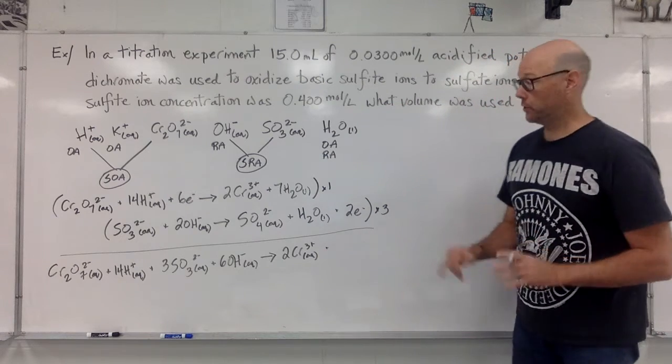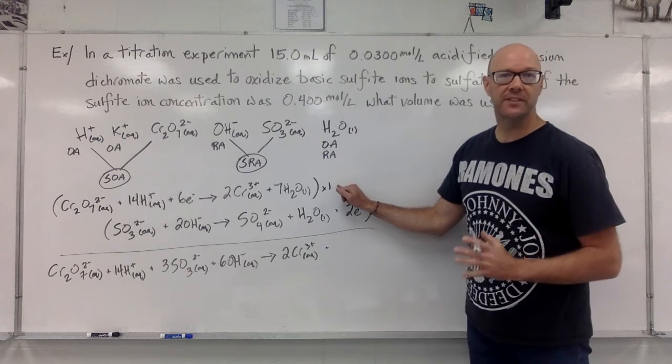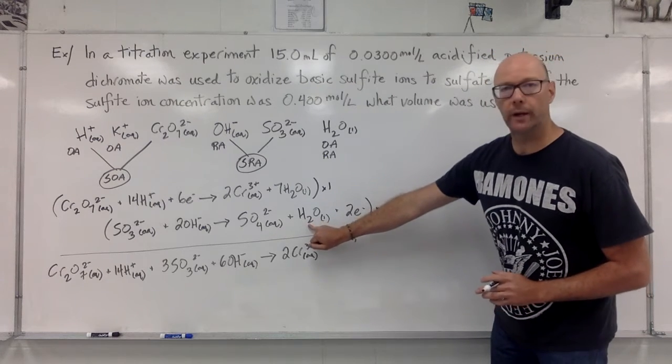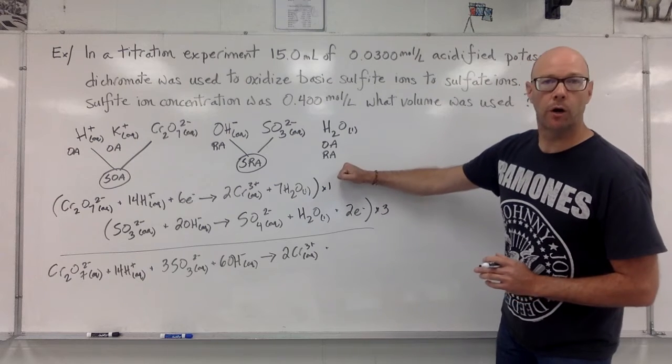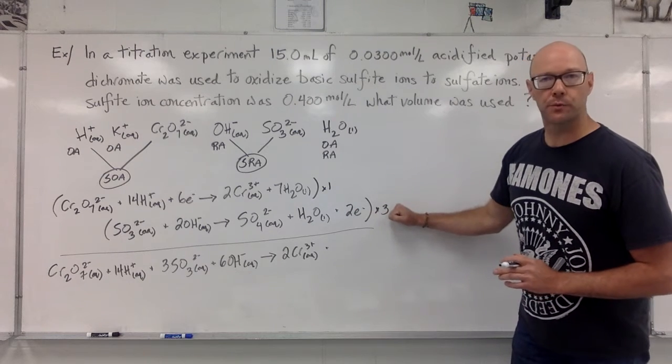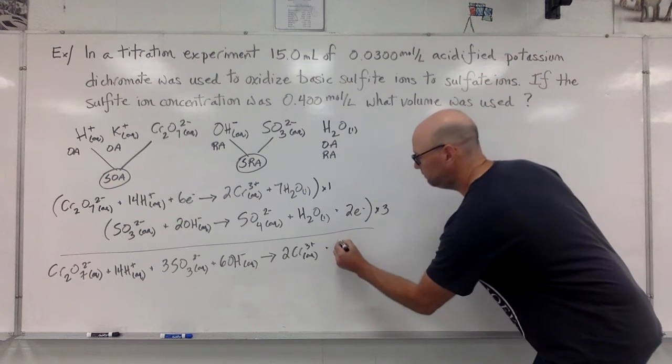Let's look at what's going on with the water. Here's 7 liquid waters multiplied by 1. That's 7. Here's 1 liquid water times 3. That's going to be 3 waters. 7 waters in the first half reaction, 3 more in the second half reaction. That makes 10.